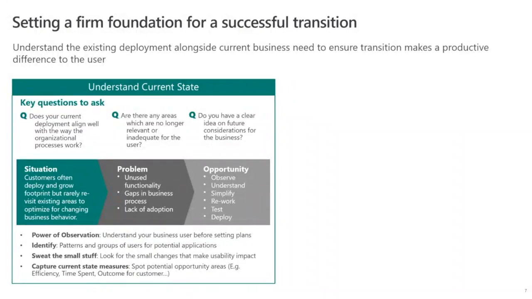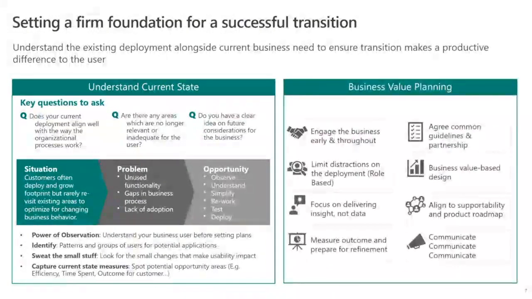And of course, what is really important, and this will be a common theme in this presentation, is to capture the current state. Measure and spot potential opportunity areas. This could be in terms of efficiency, the time that is spent on processes, the outcome for the customer, because measures will help you define the success of your transition project and where you want to improve your application.